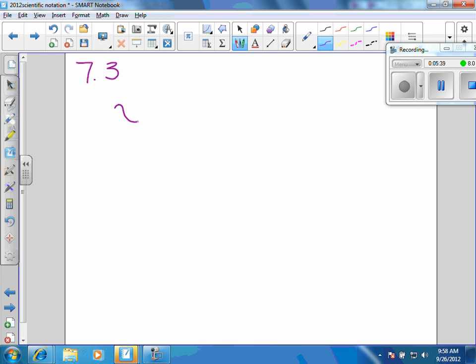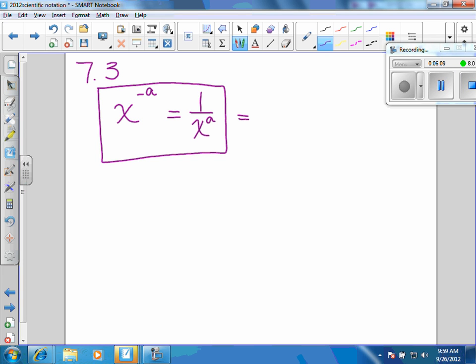If you see a variable to a negative exponent, we'll call this negative a. The way you see the rules written in algebra books, first with letters. So x to the negative a is the same as 1 over x to the a power. It's really hard to read those at first, so it's really nice to add with that rule a sample or two.